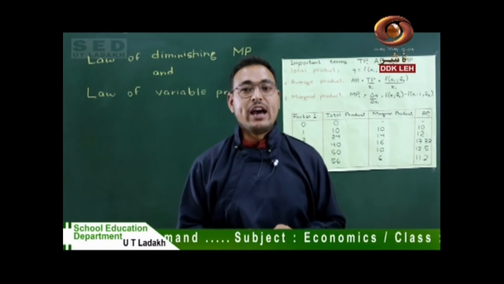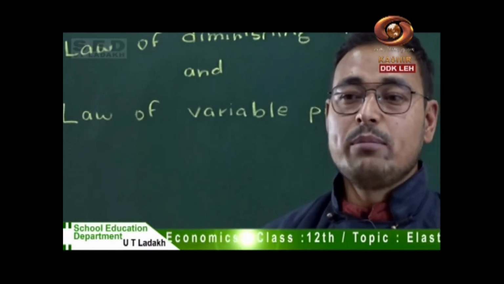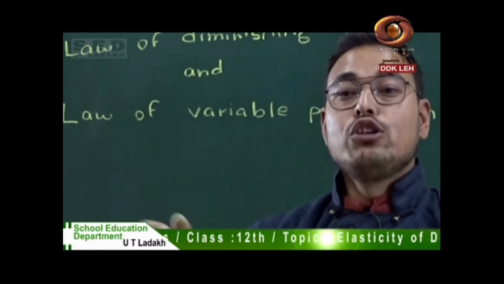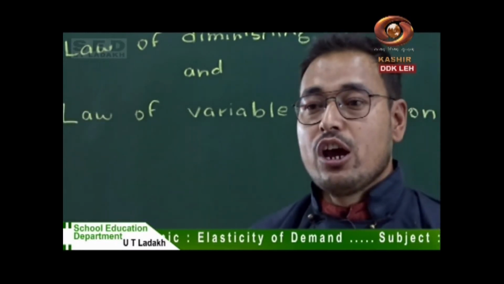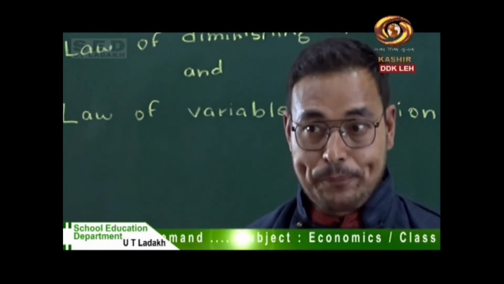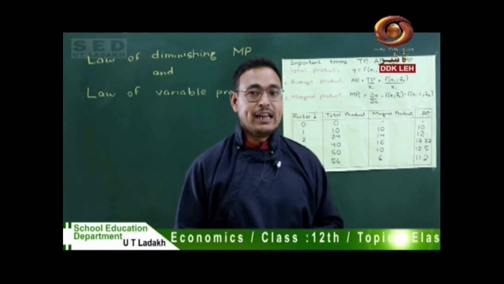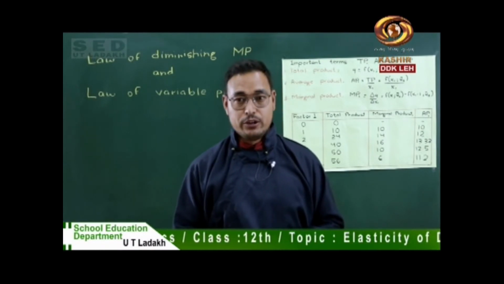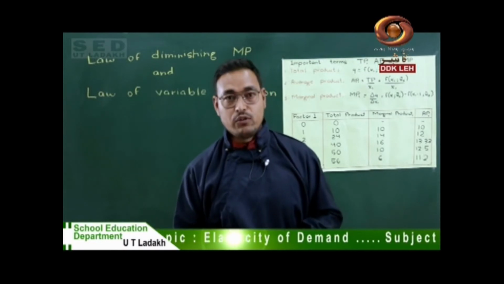But eventually, when you keep on increasing your variable factor, while the size of your field is fixed, the additional contribution of the labor will start diminishing. In our local language we use the term lashak. So he will be like a source of lashak for it.